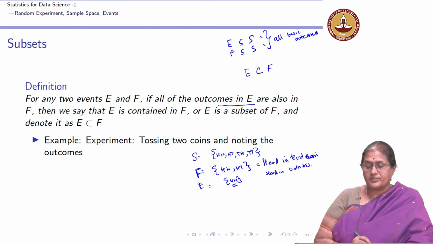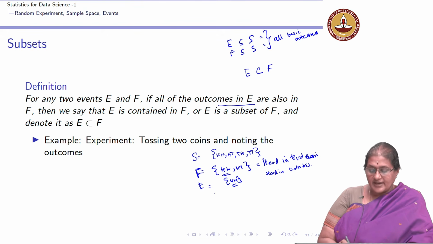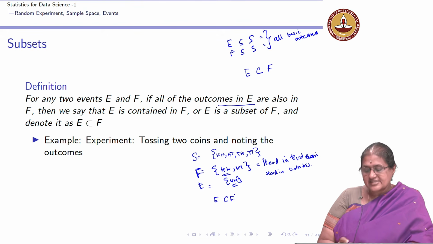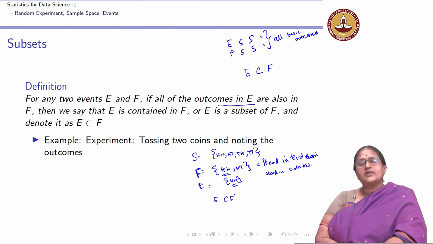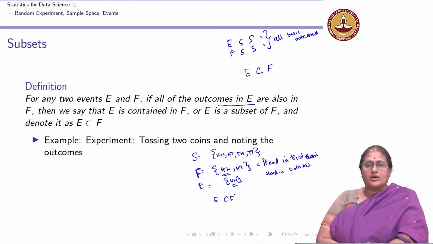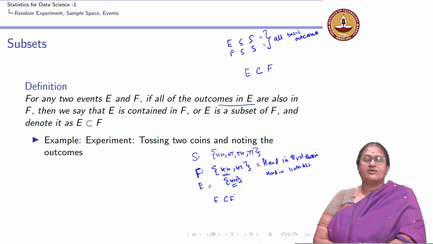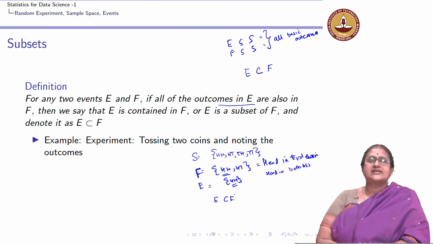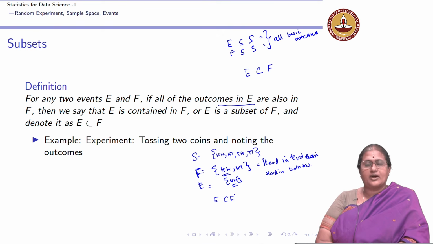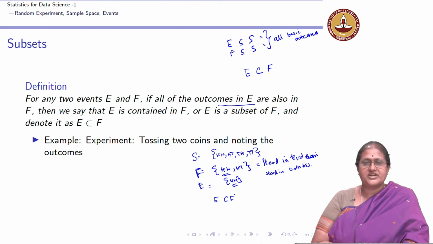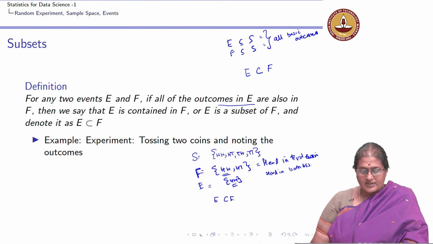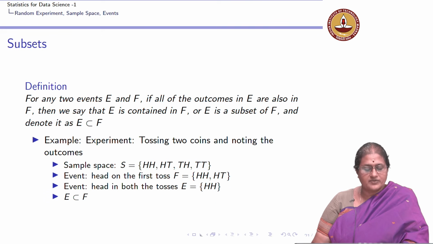I have only one outcome, HH, and it is also in F. Then I can say E is a subset of F. In terms of events, head occurring in both the coins is a subset event of the event where head is occurring in my first coin. So, head occurring in the first coin can happen in the outcomes HH and HT, and head in both tosses is a subset of this event. Now, these notions will become very important when we want to actually derive probabilities of the events.